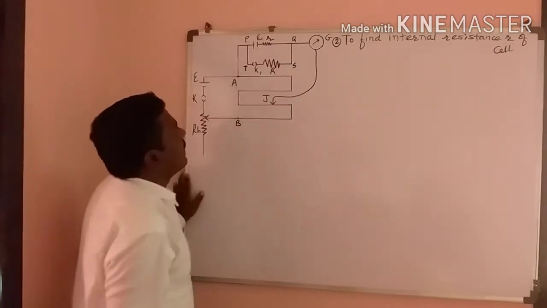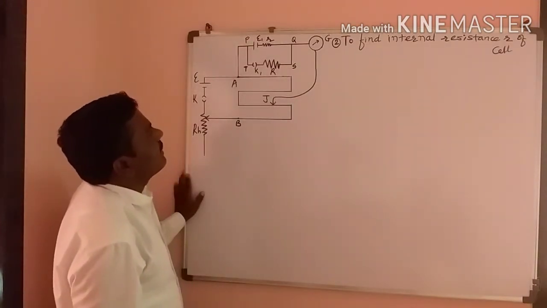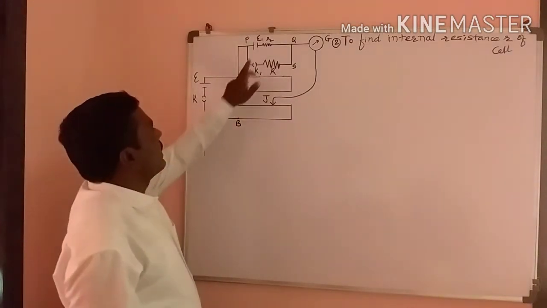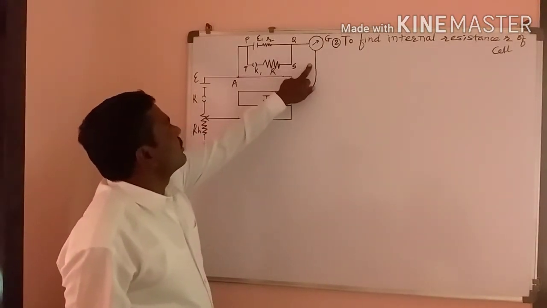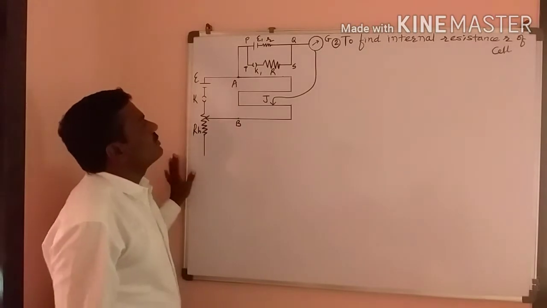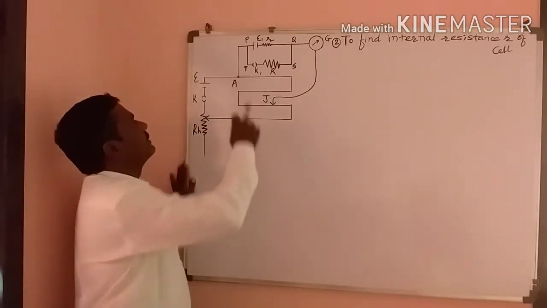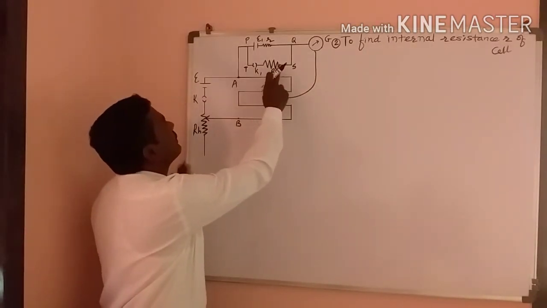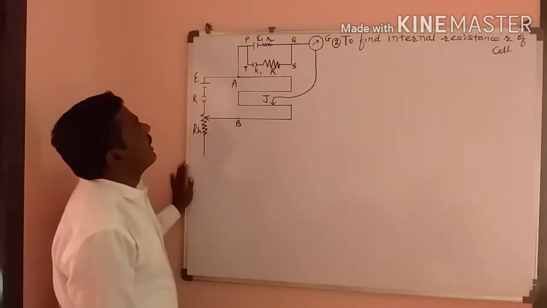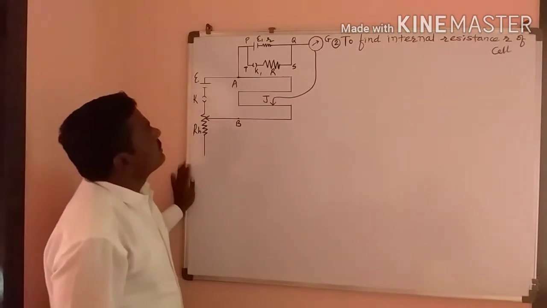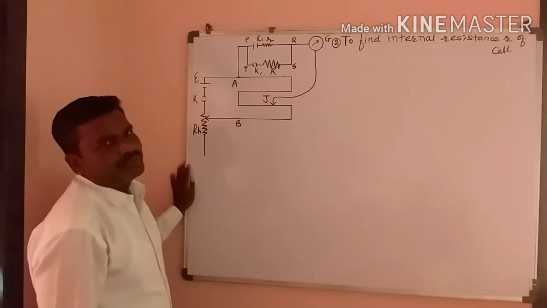From that cell E1, a galvanometer is connected, and the other terminal of the galvanometer is connected to the jockey. Again, key K1 and a resistance box are connected across the EMF of E1.